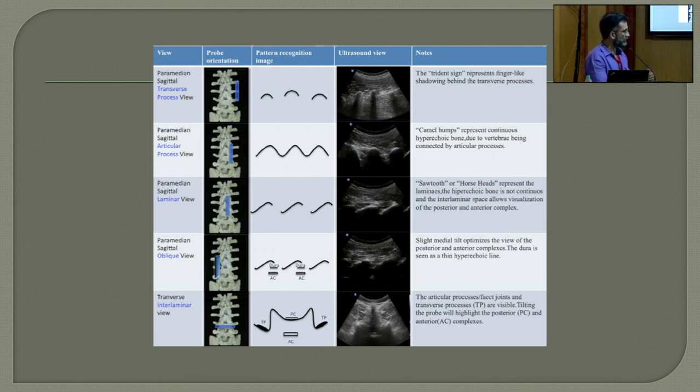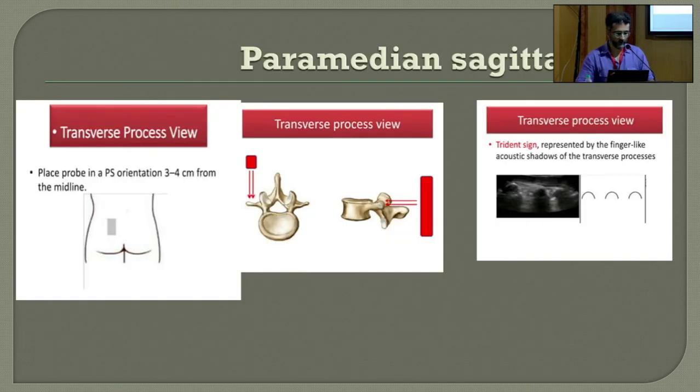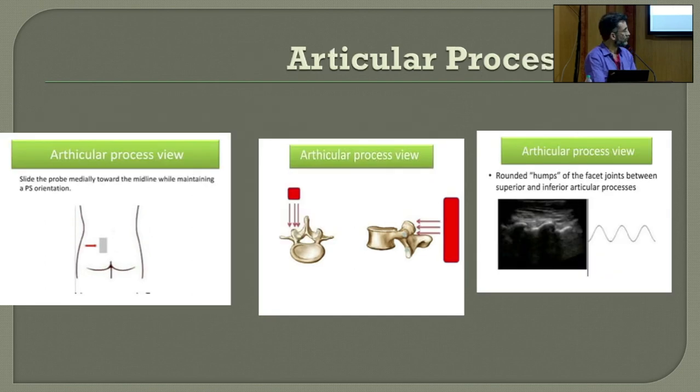We are right at the spine. So we have the spine, we have the facets, and we have the transverse process. Again, as I said, you start from 3-4 centimeters from the midline, you keep on going, you see the transverse process, and then you see the trident sign. You move still medially, you come to the level of the facets, you have the facetal view.